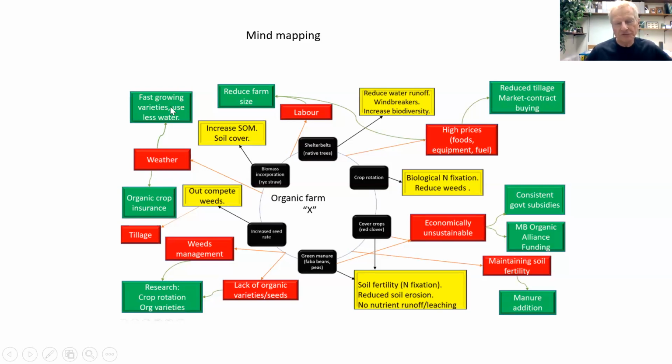It also is connected to fast-growing varieties that use less water. Reducing farm size is something that helps with the labor demands of the farm, but that would only work if they were getting higher prices for their foods or for their crop products. So you may not agree with this person's mind map, but this is the way one person saw the farm and saw some of the connections.